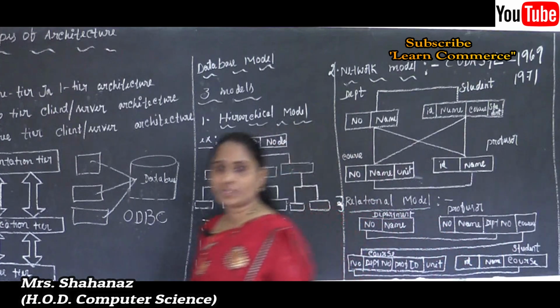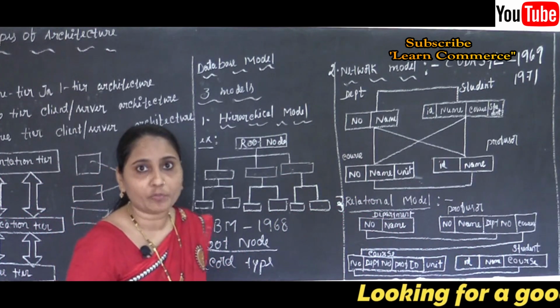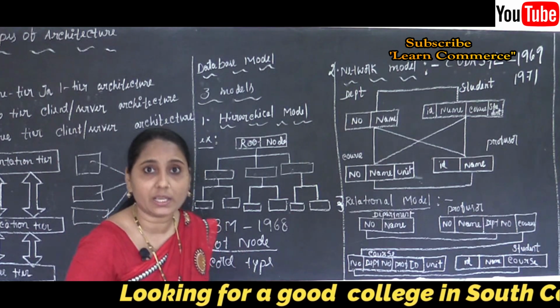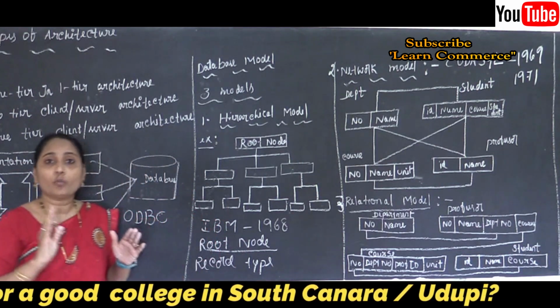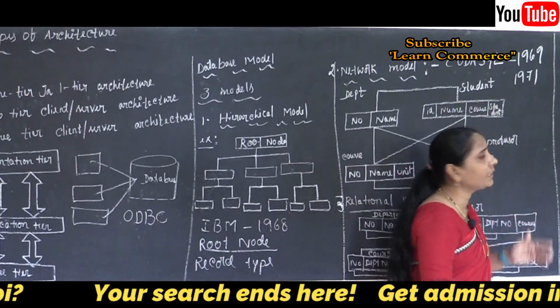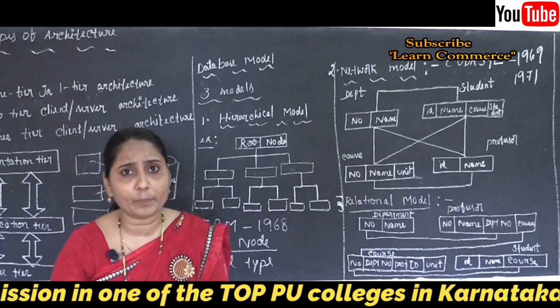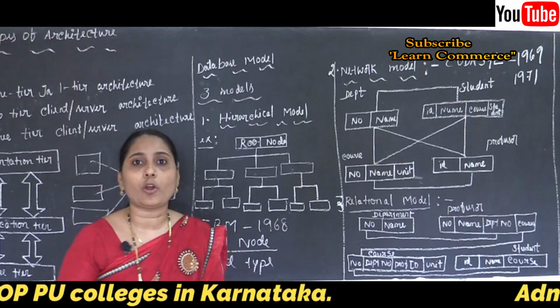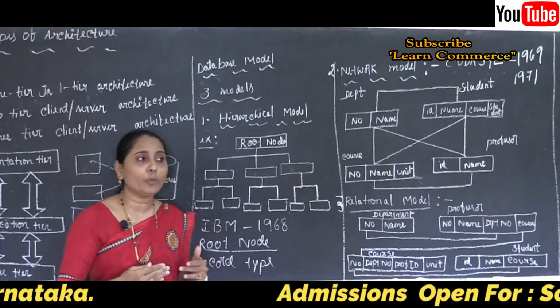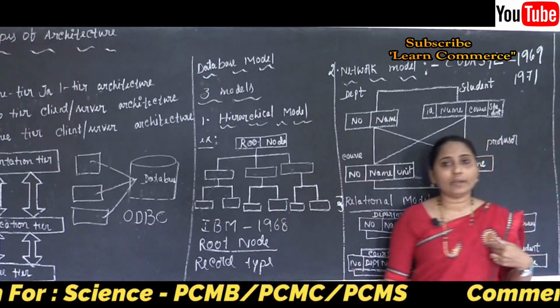Not just the first time they developed the network data model. First of all it was developed in the year 1969, and later more development happened, followed by the second specification in the year 1971.